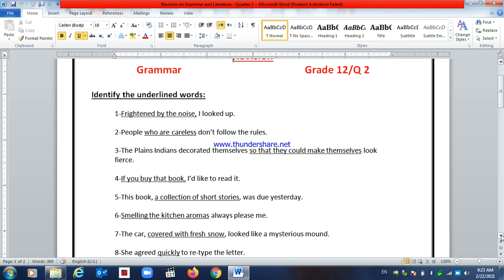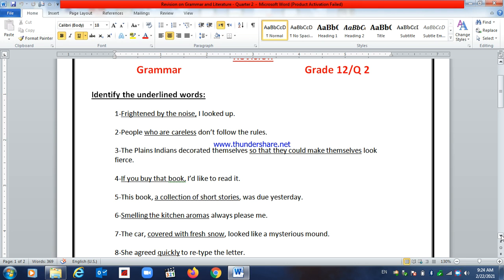Then number 7, the car covered with fresh snow looked like a mysterious mound. Focus on the underlined words. Covered with fresh snow. Do we have a verb here? No, we don't have a verb. Covered is part of the verb.